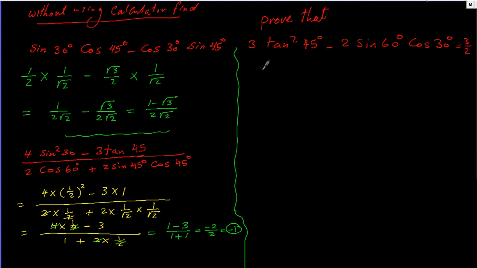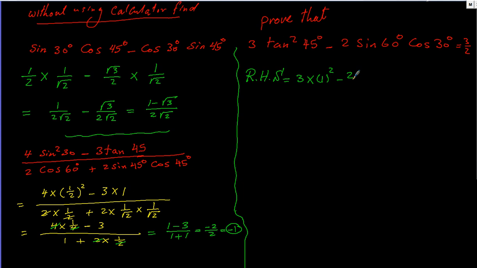We start with the right hand side. Right hand side equals 3 times tan 45. Tan 45 equals 1, so it's 1 squared minus 2 sine 60.